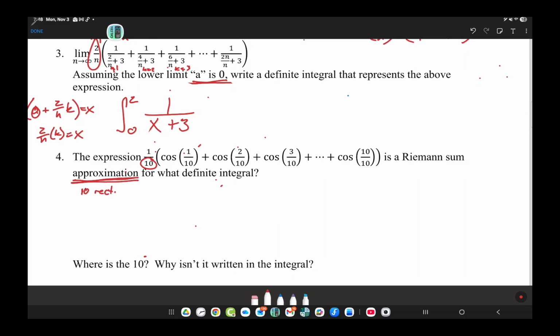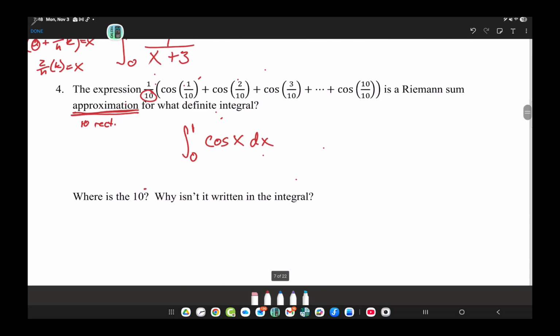Right? Now, if your b minus a is equal to 1, then really what this becomes is the integral from 0 to 1 of just cosine x dx. Now, like I said, why is the 10 not written in the integral?